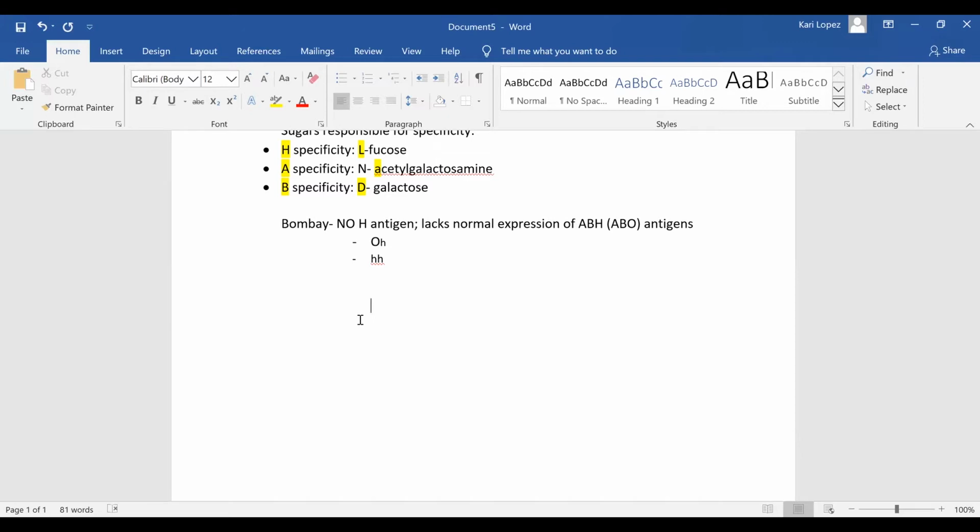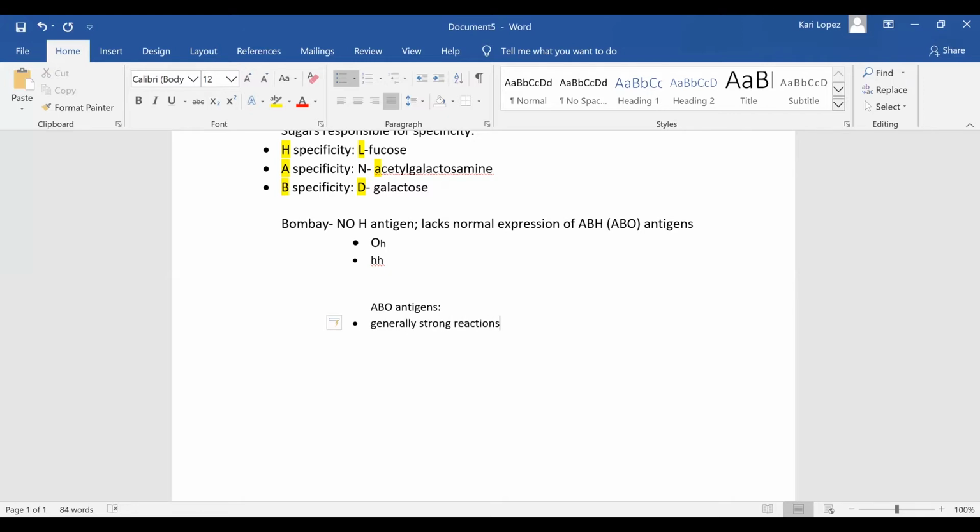So ABO in general, we've got ABO antigens. They are generally strong reactions.